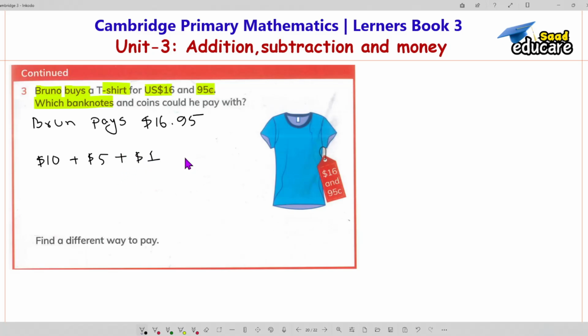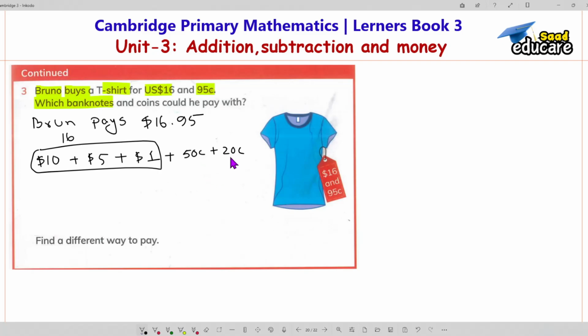Now he can use, suppose, 50 cent, plus he can use 20 cent, so it's 70, right? Here it has already become 16, and here is 70. We need till 95.